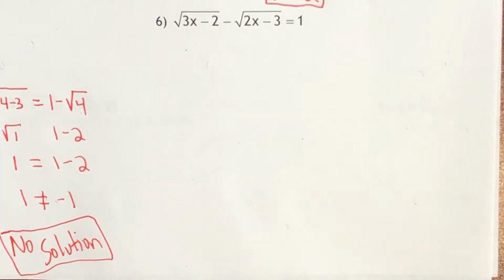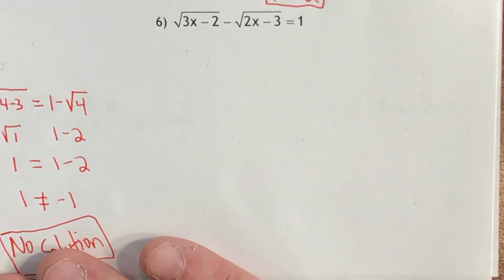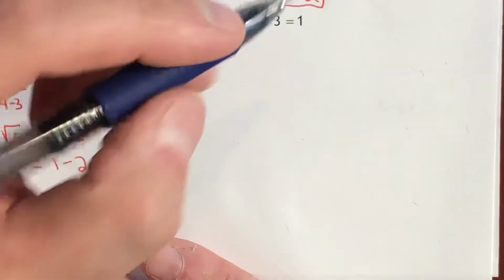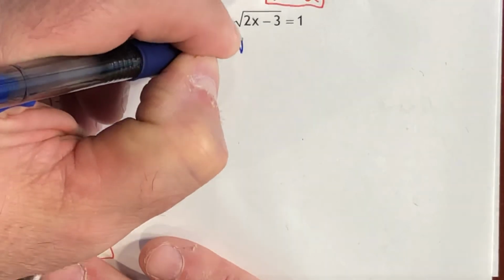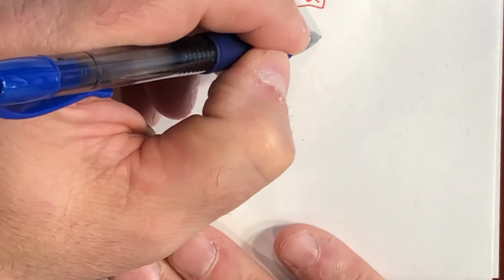So I think we would like to get our square roots on the opposite sides of the equal sign, so that when I square both sides, the radicals get eliminated somewhat. So if I move this second square root, negative square root of 2x minus 3, I'm going to add it over here.